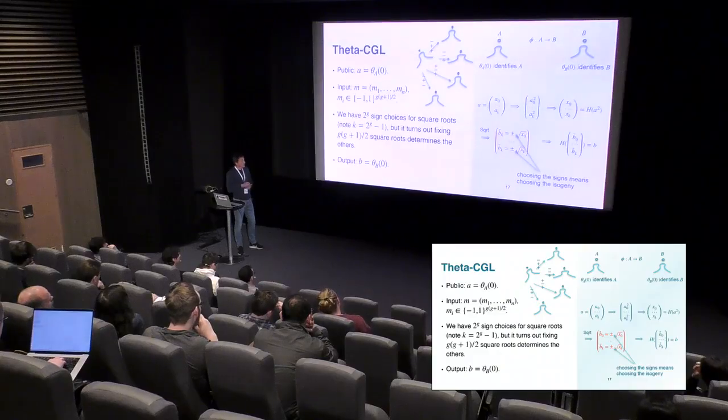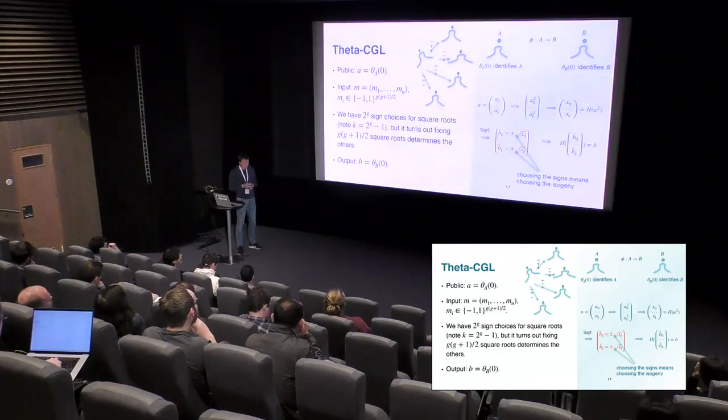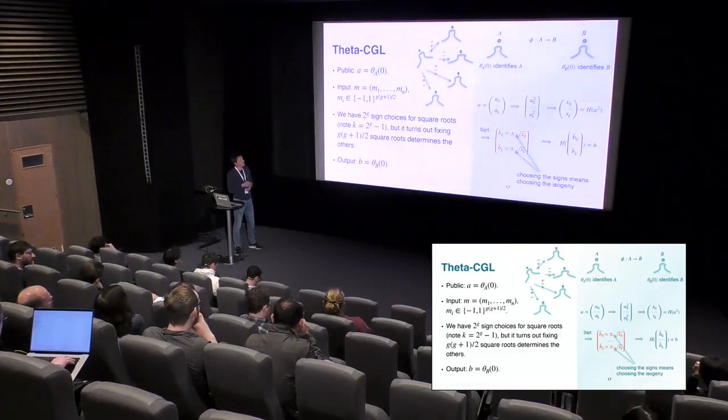And as an application of this formula, we constructed a theta CGL hash function, where the idea is pretty much the same as in the first isogeny-based hash function, except that at each step you don't consume only one bit, but you consume more bits.